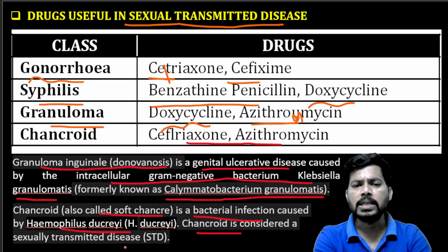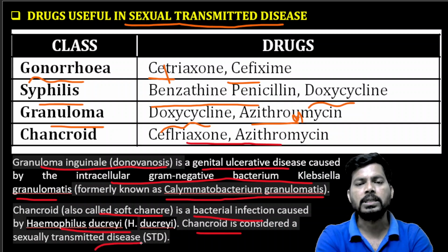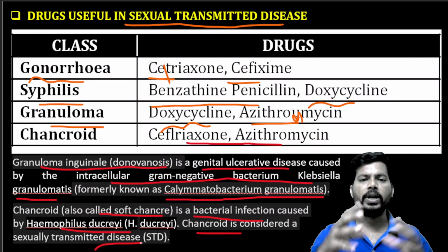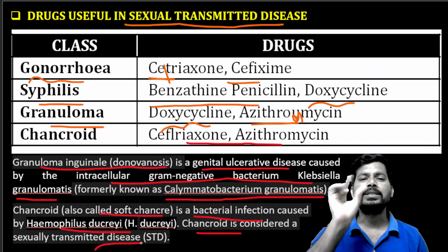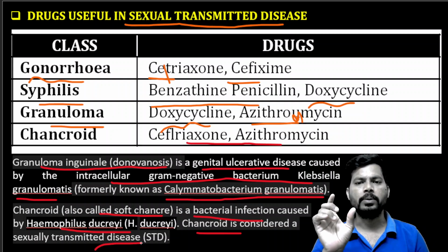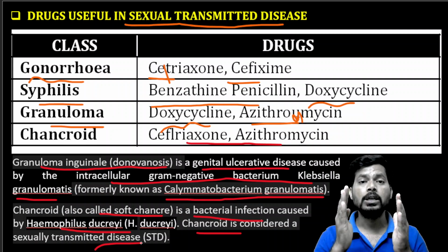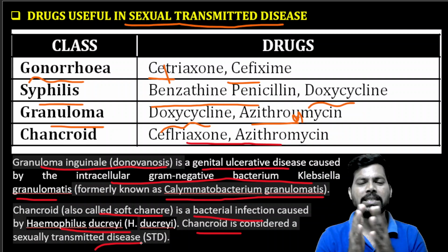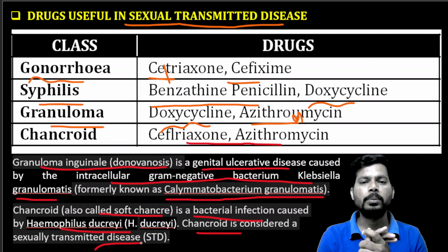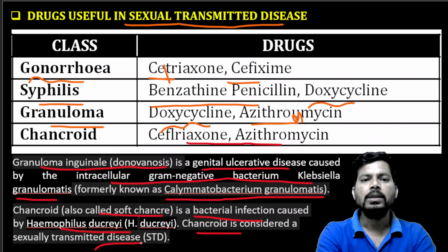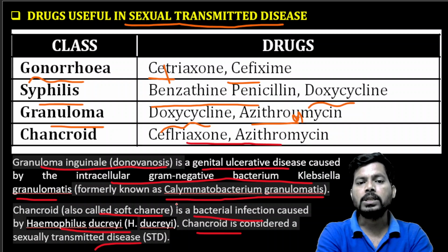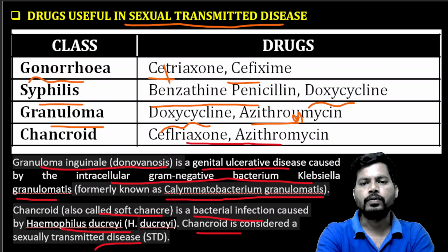It is considered a sexually transmitted disease, with formation of ulcers like wounds or sores, reddish inflammatory tissue. So these are the sexually transmitted diseases and the drugs of choice.